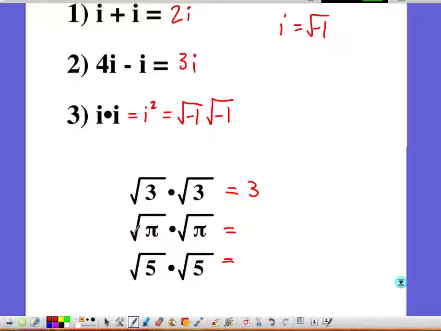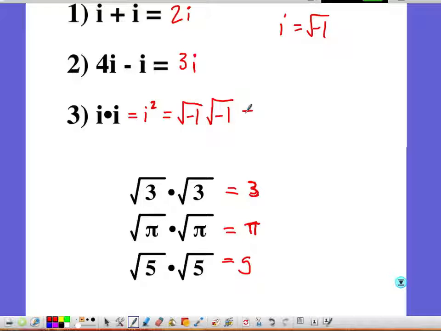Okay, let's keep going. Square root of pi times square root of pi, well, that's going to be pi. And the square root of 5 times the square root of 5, that's going to be 5. So notice that when you multiply two square roots that are basically the same, the answer that you get is the number that's inside the square root, and you don't have the square root any longer.